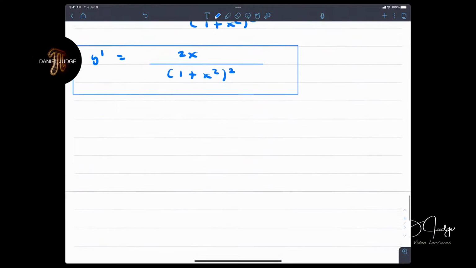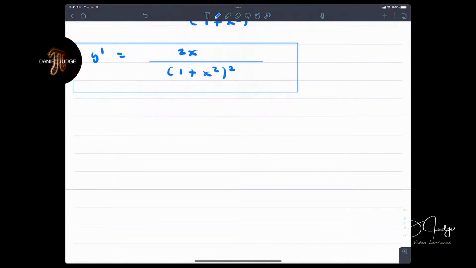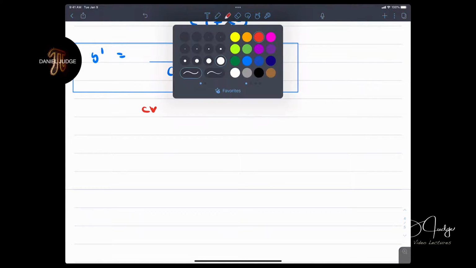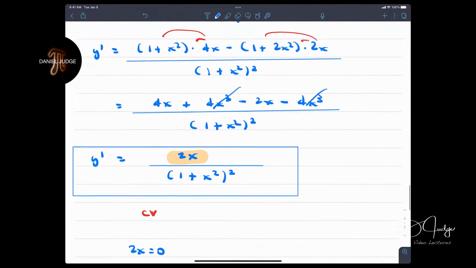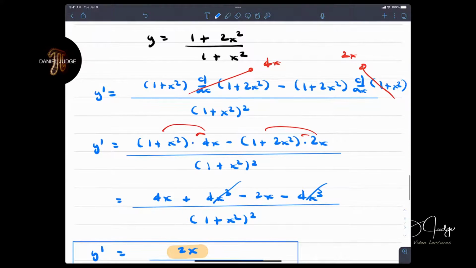Sign analysis. Let's find the critical values, CV, now. We're going to set that numerator equal to 0. So if 2x is 0, that means x is 0. Is it in the domain of the function? Yeah.